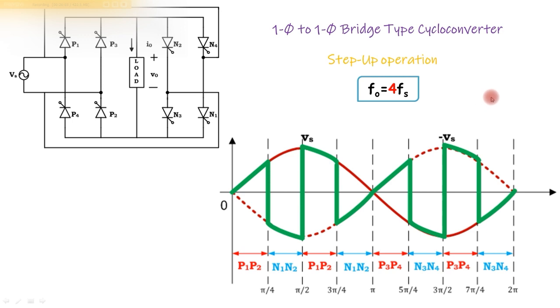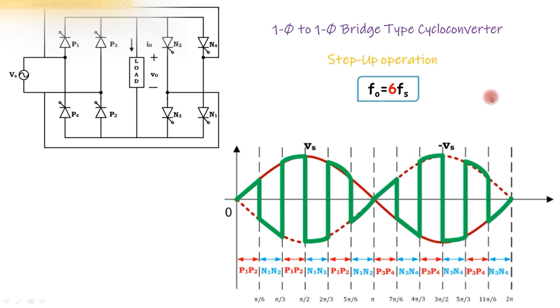And the last example is where we have to obtain output frequency which is 6 times the supply frequency. Since output is 6 times the input frequency, there will be 6 switchings in each half cycle. This is one half cycle, the positive half cycle. There are 1, 2, 3, 4, 5 and 6 switchings.